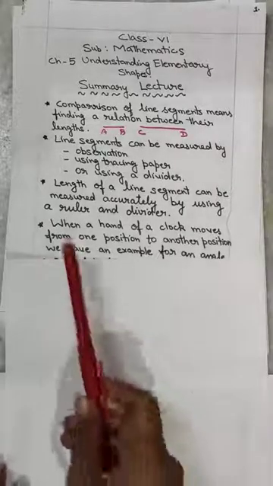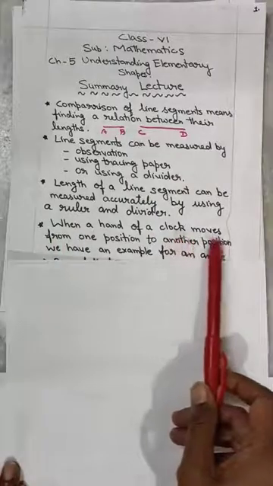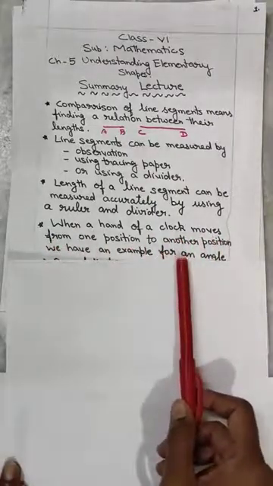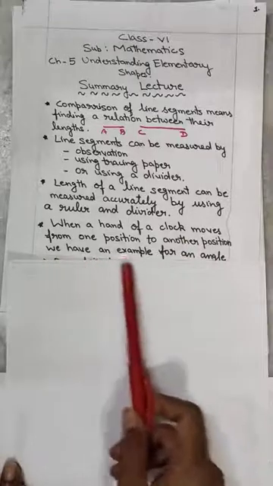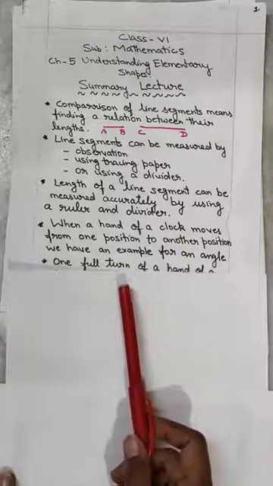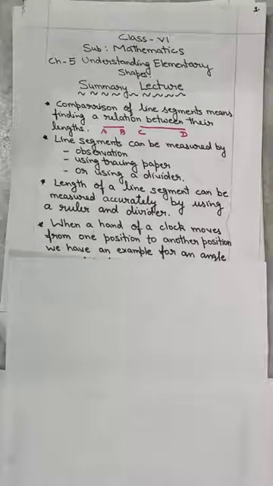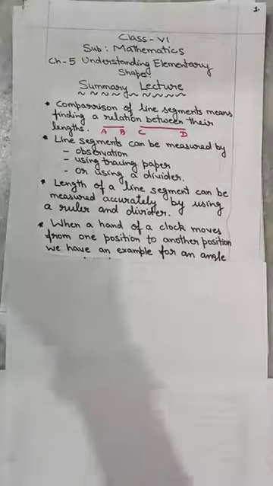Next is when a hand of a clock moves from one position to another, we have an example of an angle. If one hand of a clock moves from one number to another, this is a form of an angle.